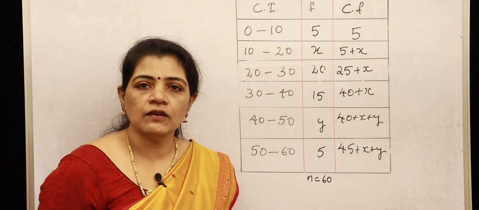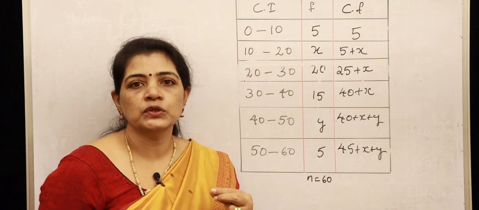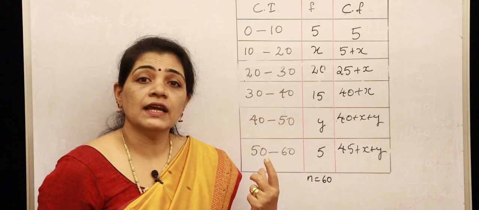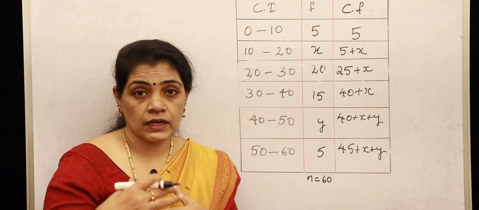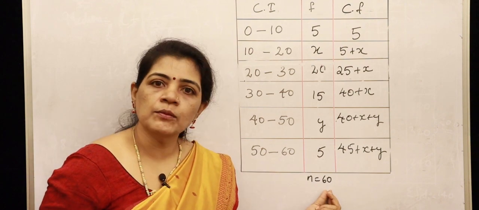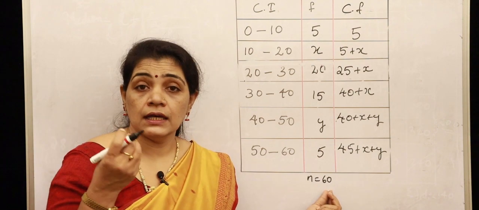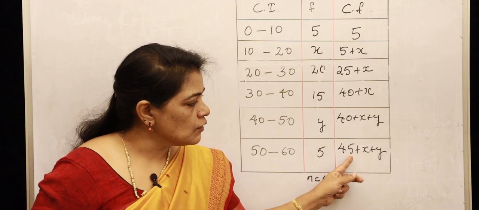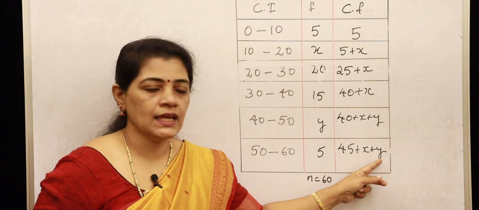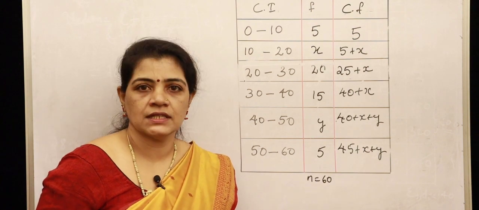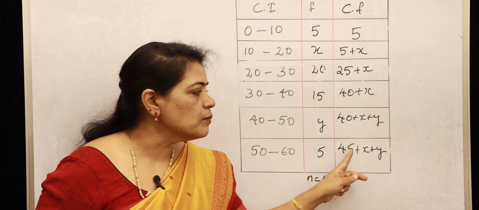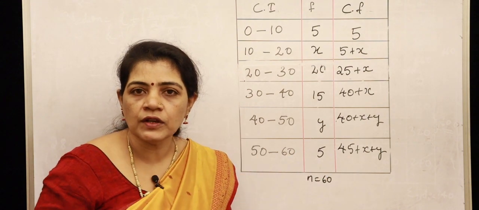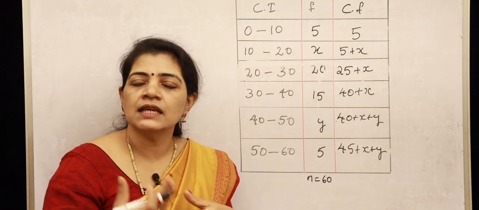And also we are given that the median is equal to 28.5. Okay, so first we can find one equation from the total number of frequencies, that is 60. That is, 45 plus x plus y can be equated to 60. This 45 plus x plus y we got after adding all these frequencies, and that is given as 60.